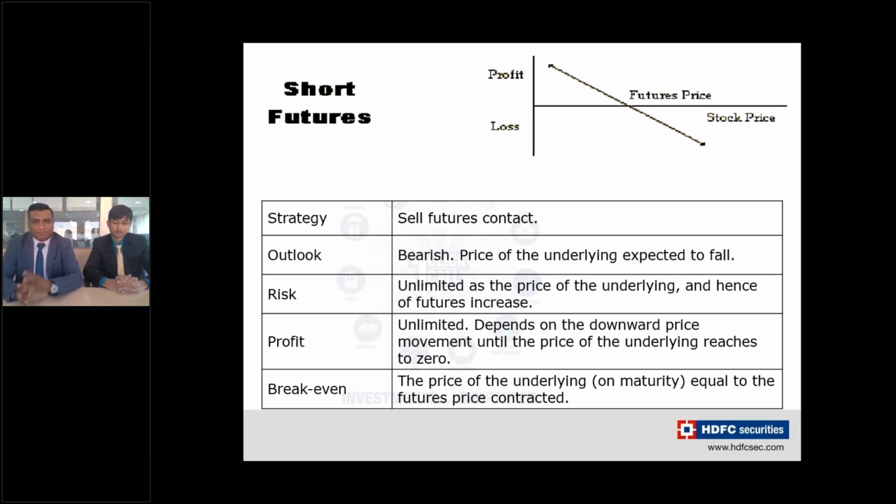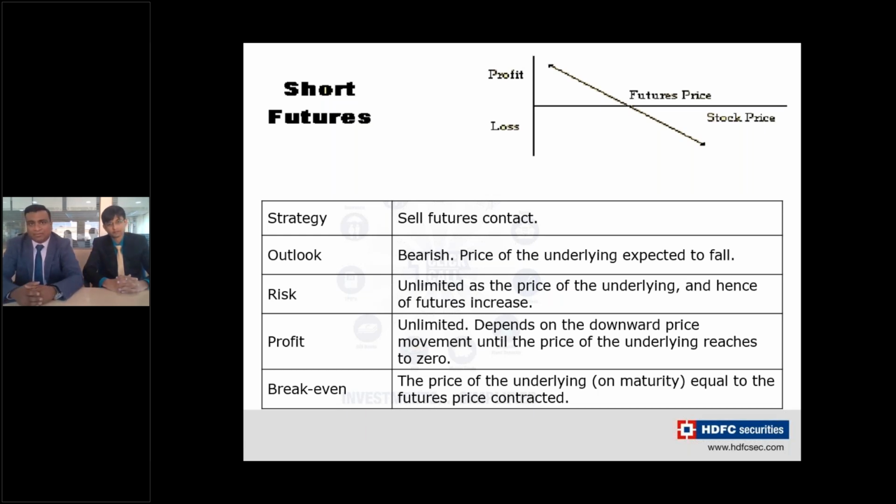So futures are instruments with which, by paying a lower margin, you can benefit. Compared to the cash market, you do not have to pay the full amount. By paying around 15 to 20% of the amount, you can take the exposure. Futures are also an instrument which helps you express your bearish view, which is not possible in the cash market. So these are the benefits of futures.